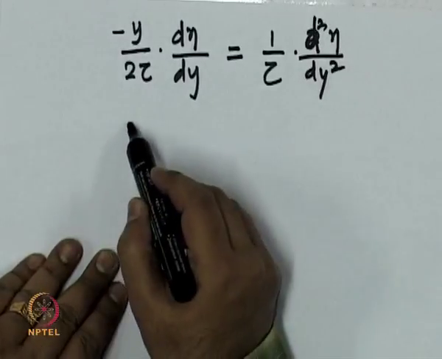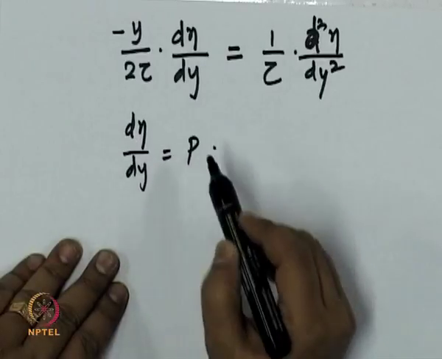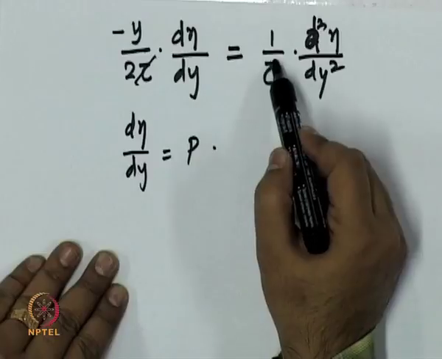And remember, we said that dη/dy is equal to p. So, the τ goes away.